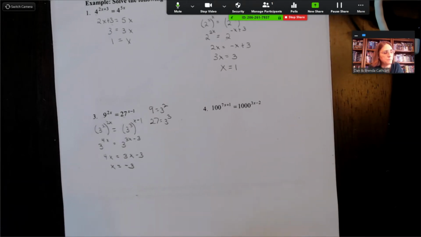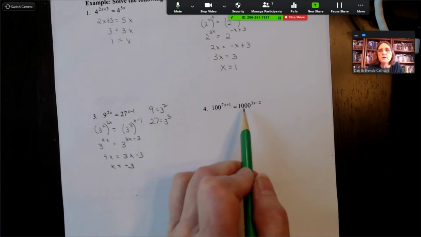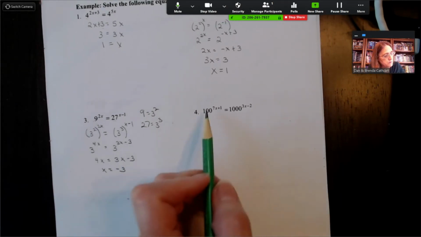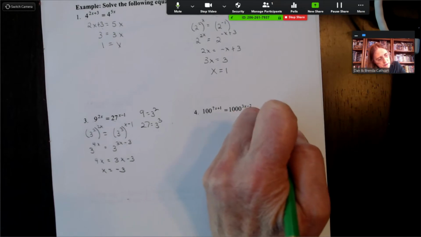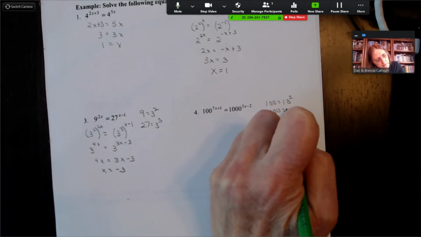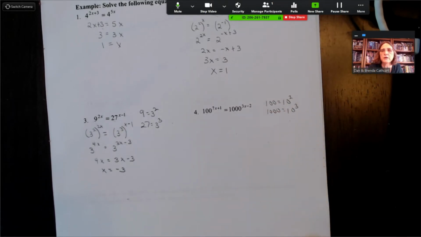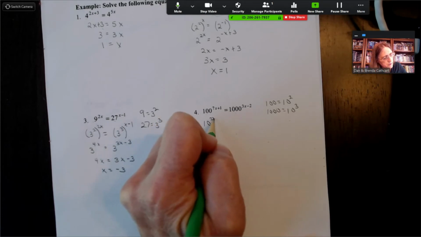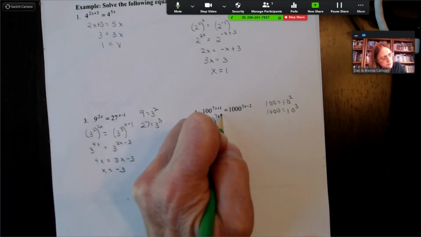Okay, one more time. The bases don't appear to be the same, but they are powers of the same base. 100 is 10 squared. 1,000 is 10 cubed. So replacing those in the equation, on the left side we get 10 squared raised to the 7x plus 1.